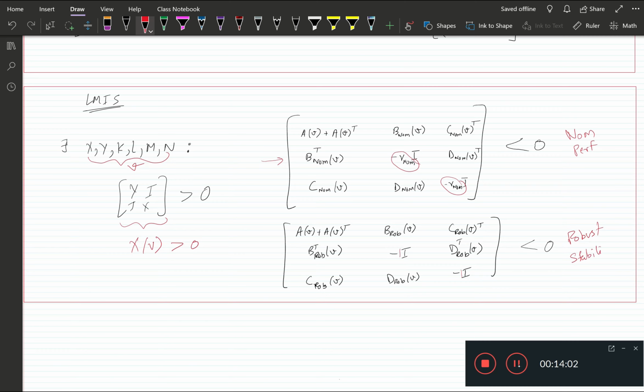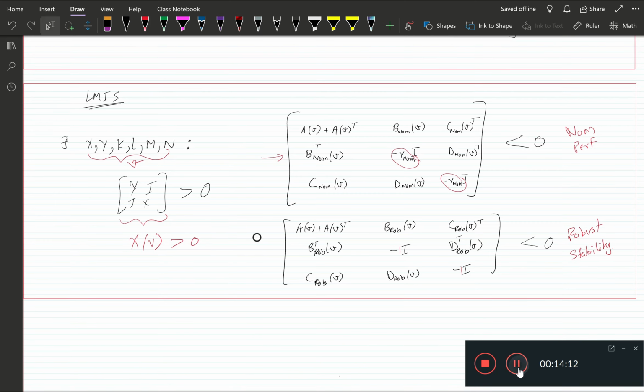So now we can solve these LMIs for X, Y, K, L, M, N. Once we have these variables, we can reconstruct the controller by the standard techniques that we saw earlier. Note that we can now even minimize gamma norm subject to these LMIs to obtain as good nominal performance as we can.